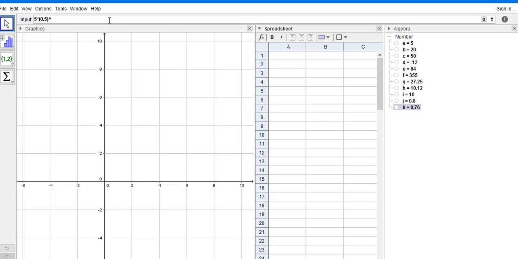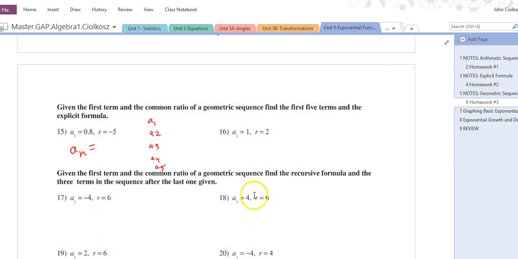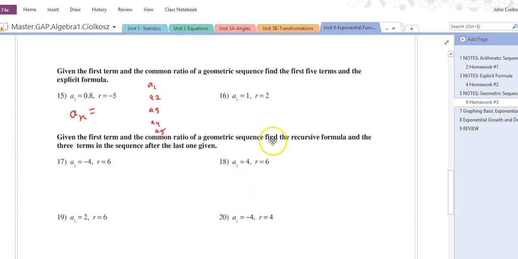The key idea here is you have to put this whole thing in parentheses. So if my n was 10, then it would be parenthesis 10 minus 1. It has to be like this in parentheses. So this is kind of the general form you can use for every one of these. Press enter. And here I get something really, really small. But again, I typed it incorrectly. So make sure you're typing those in with that method.